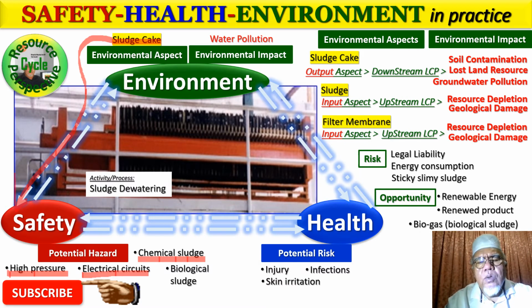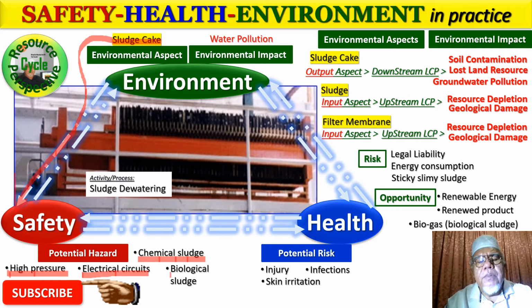They are no longer in the water which is being released, but most of these impurities are embedded in the sludge cake. So that is another potential hazard for the chemical nature of this sludge cake.